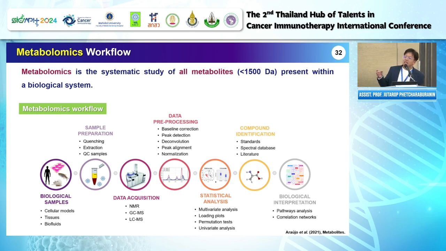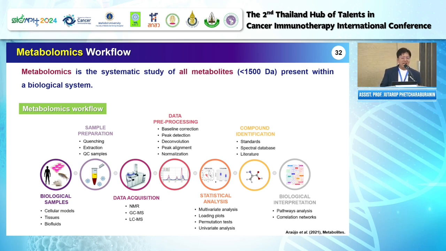So we need to be really careful in terms of sampling and also tissue and biofluid collection, because we have to think about confounders at all times to prevent ourselves from introducing them into our study. Then, in terms of the instrument of choice, we do not have many options.